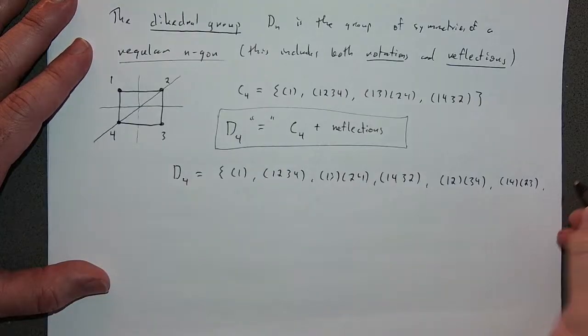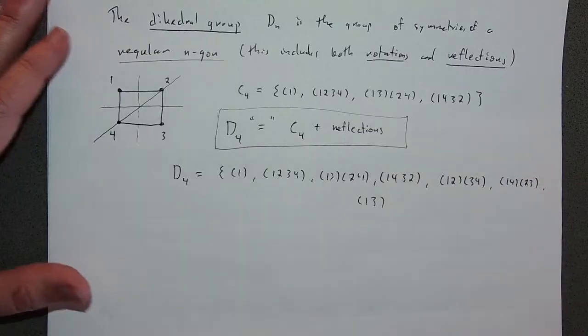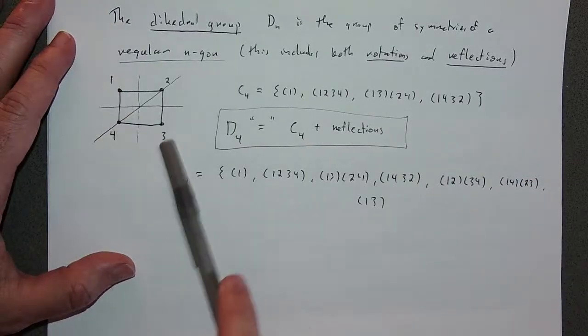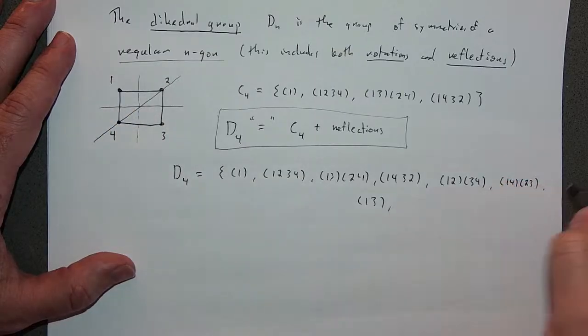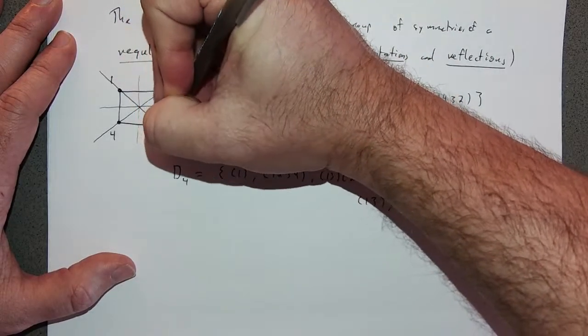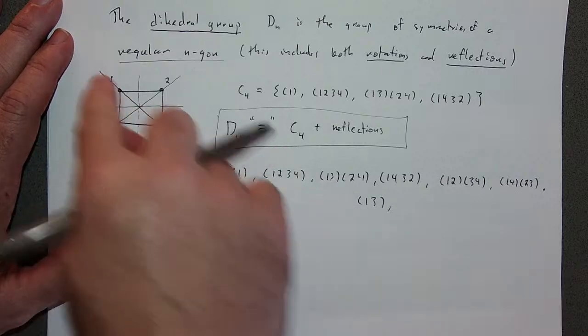So this is the permutation that takes 1 to 3, 3 to 1, and fixes 2 and 4. And now you see the last one. The last symmetry we have here is reflection across this line.